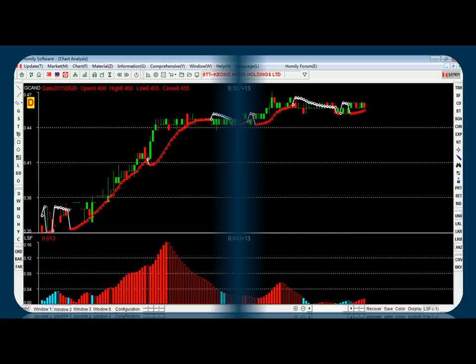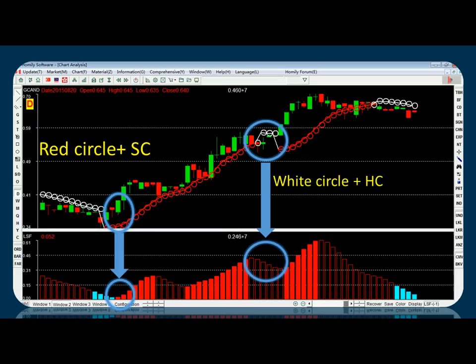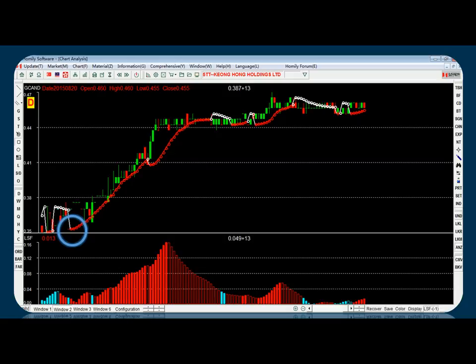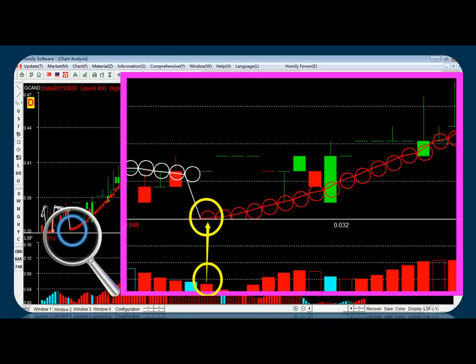You can sell here or sell when the short fund appears. But actually, here's the first red circle and then the first long fund appears. First time.